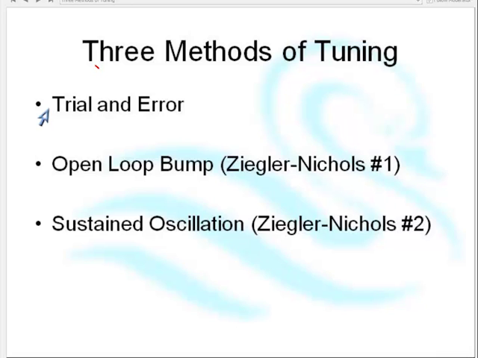Then a couple of chaps called Ziegler and Nichols, who were working for what used to be called the Fisher Valve Company, came along and worked out two methods of tuning. They worked out the Ziegler-Nichols open loop bump method, which is called Ziegler-Nichols number 1, and the sustained oscillation method, which is called Ziegler-Nichols method number 2.